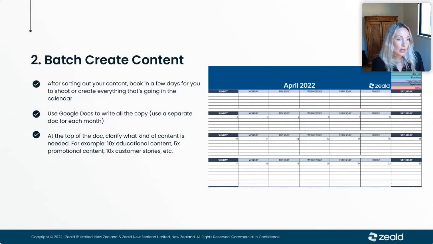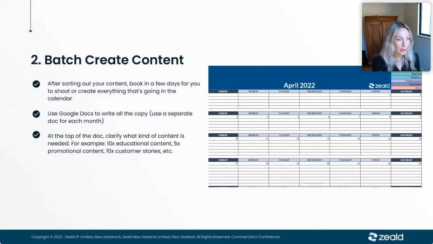And so within the Google Doc, I would recommend in the beginning, before you even start with any of the copywriting, just get clear on what sort of content you need to be creating. So again, refer back to your content pillars. What are your content pillars, and what kind of content and how much of that content do you need for each of the content pillars?